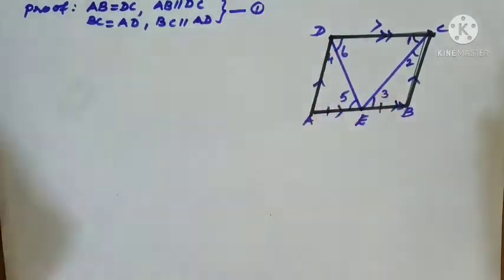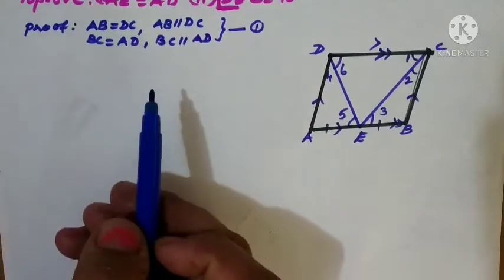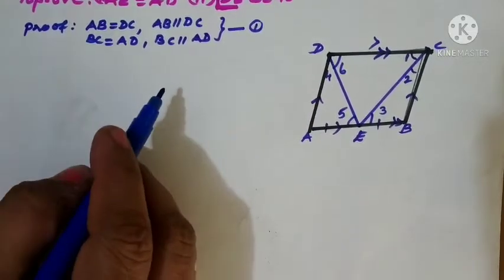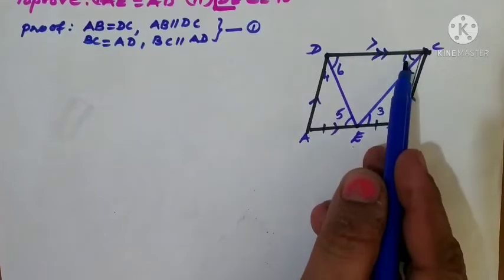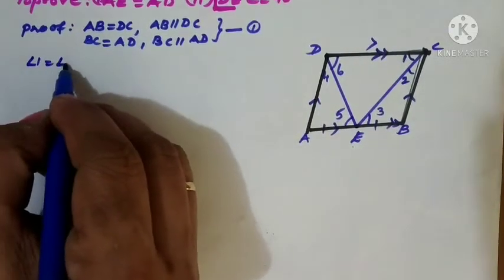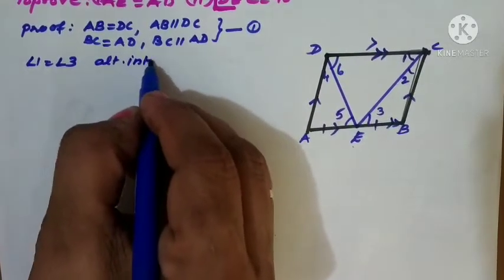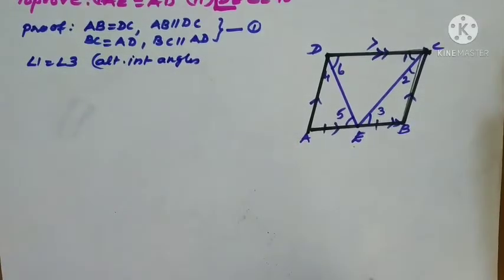This is equation number 1, that is given only, it's a property for us, right? So what I have written here is AB equals DC, AB parallel to DC, and BC equals AD, BC parallel to AD. It is given that ABCD is a parallelogram, so what can you say about angles 1 and 3? This shows that angle 1 equals angle 3, that is alternate interior angles.